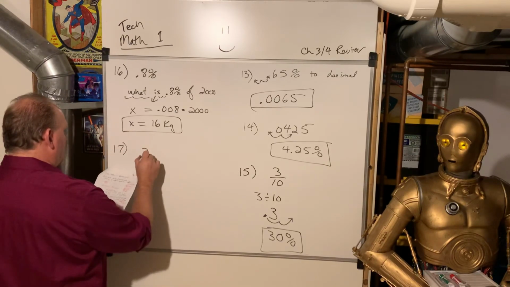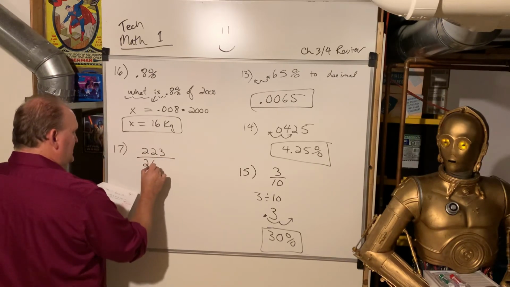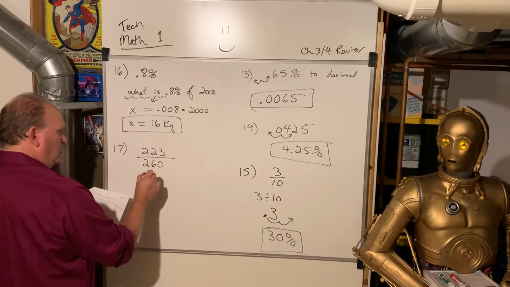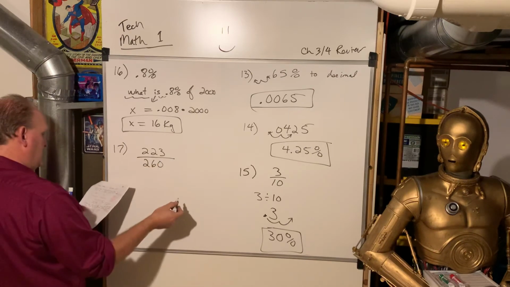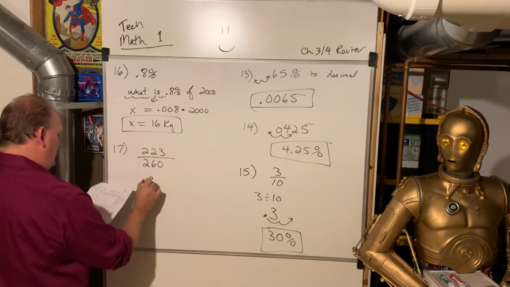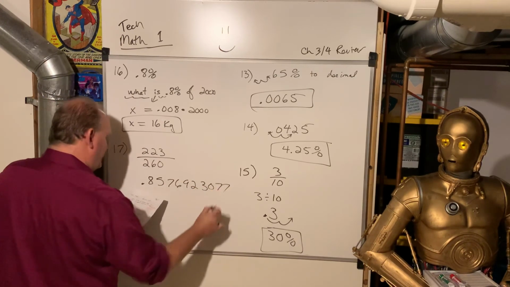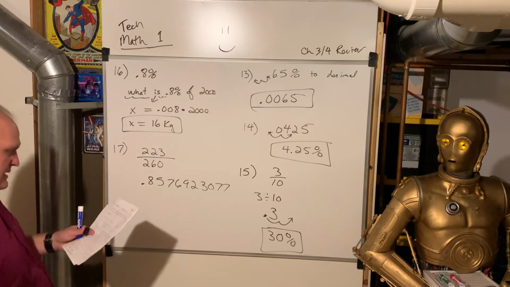What if you got 223 points out of a test that had 260 possible? What would you get? Well, it's the part over the whole and then times 100. And so that would be 0.85769230077. That's what you get when you divide 223 divided by 260.